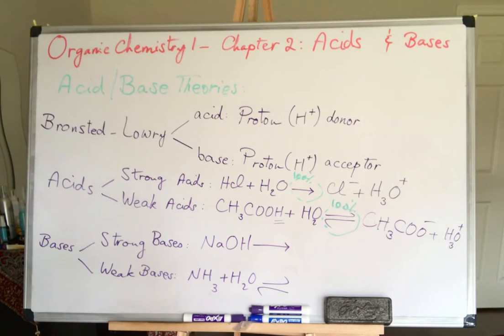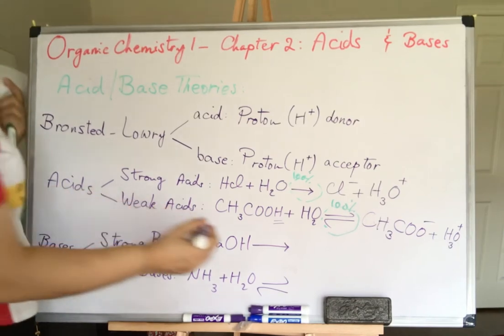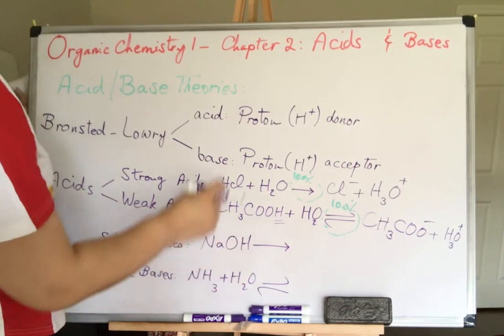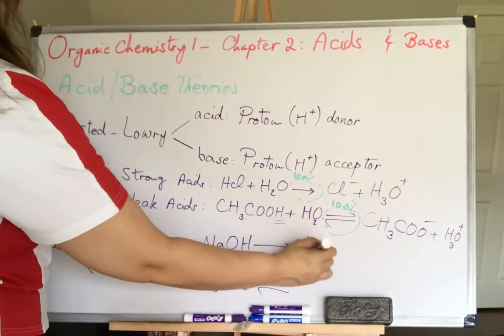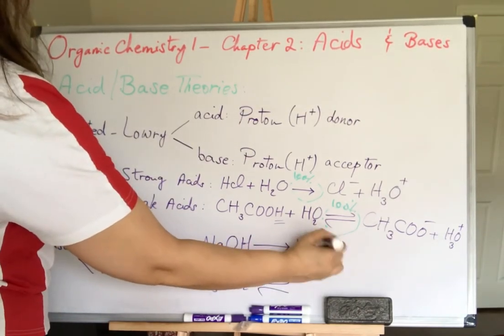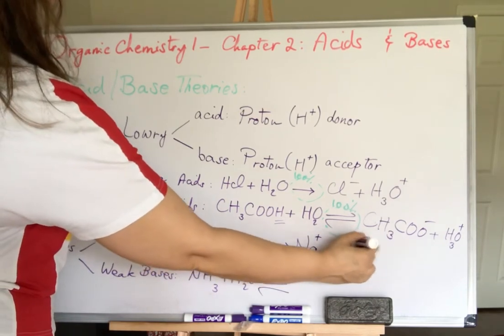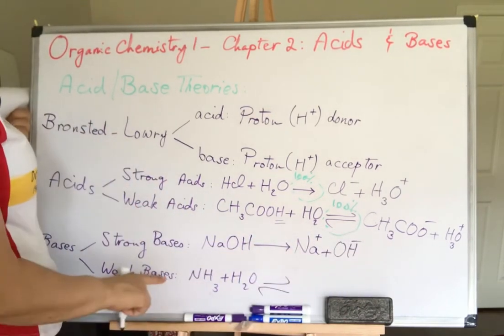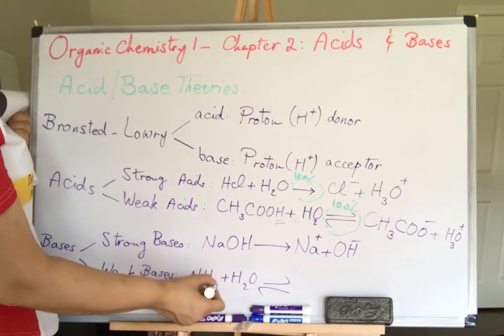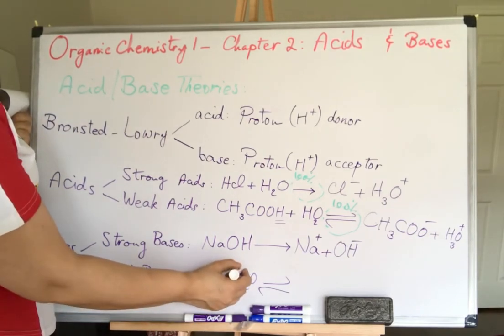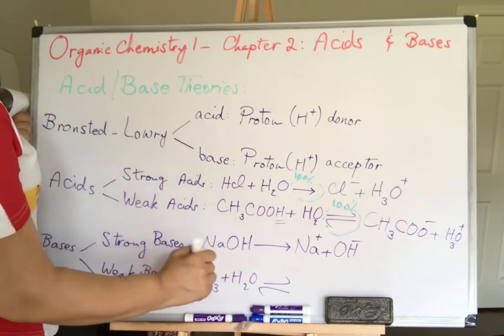The strong bases like NaOH, we said they are the proton acceptors, or in this situation, you can just say it releases OH. Here, a weak base can accept the proton. So the proton is accepted from water.